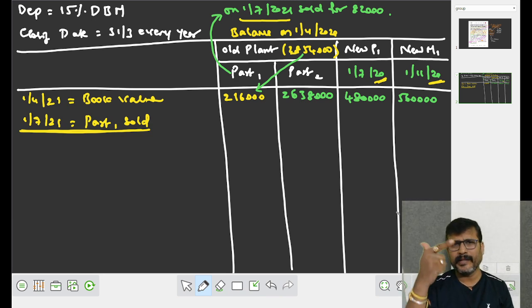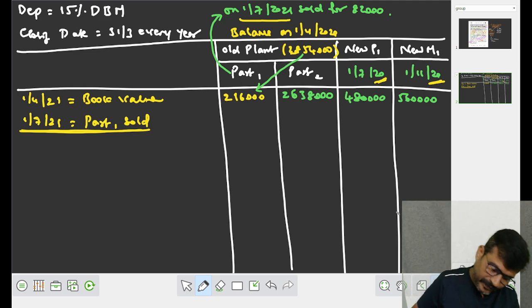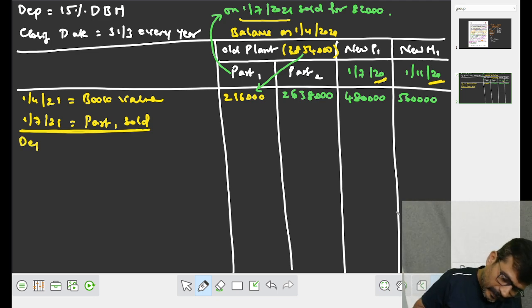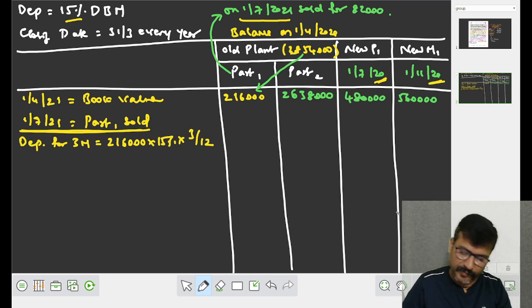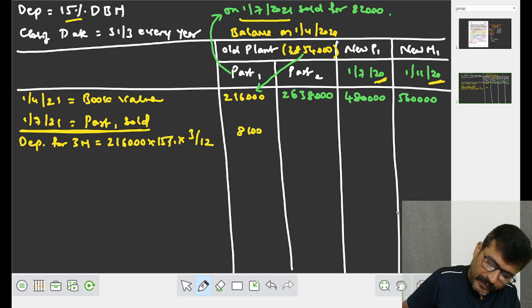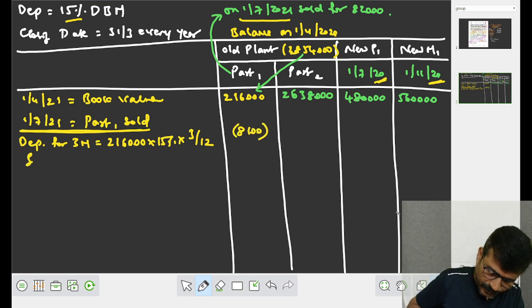April, May, June, 3 months, right? Depreciation for 3 months. On which one? 2,16,000 into 15% into 3 by 12. It comes to rupees 8,100.